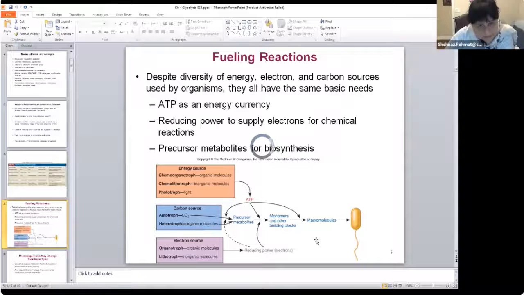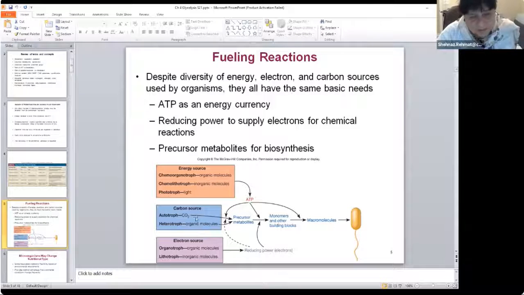So all this fueling reactions is what we're going to be studying: where the ATP fits in, where the reducing power fits in, and what the precursor metabolites are that will eventually make the monomers for your proteins, such as amino acids for the proteins, monosaccharides for your polysaccharides, and your ribonucleic acids, where we will be using the monomers also to make those macromolecules, and eventually make the 4 macromolecules, which are lipids, proteins, sugars, and nucleic acids.